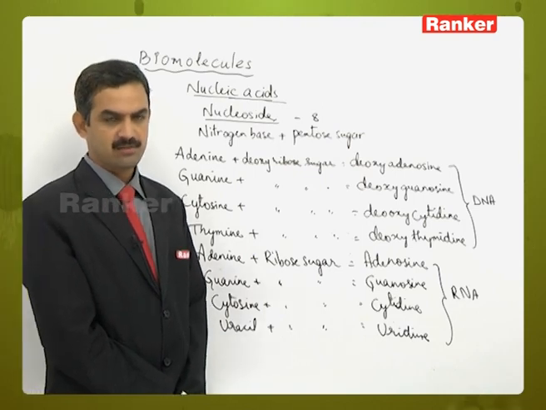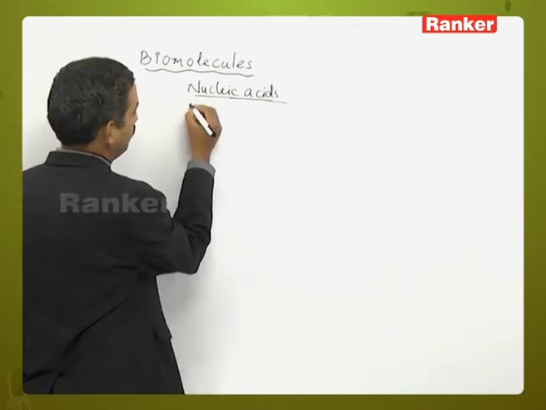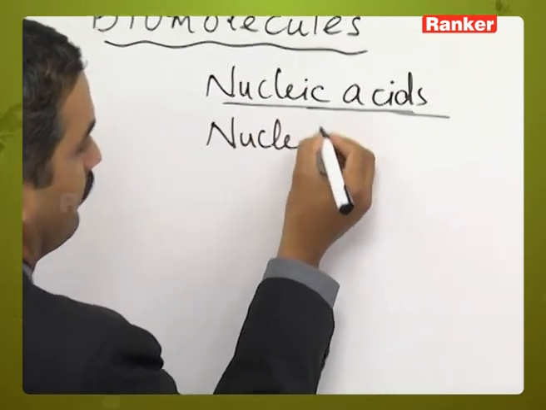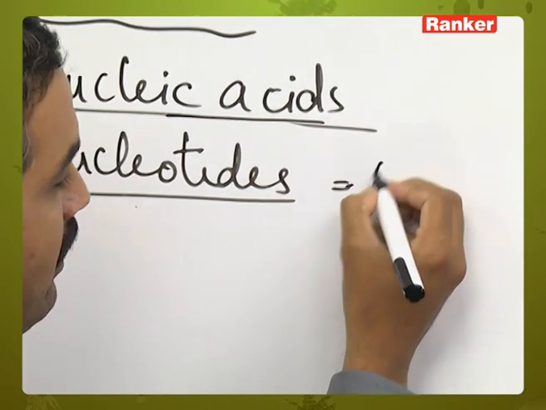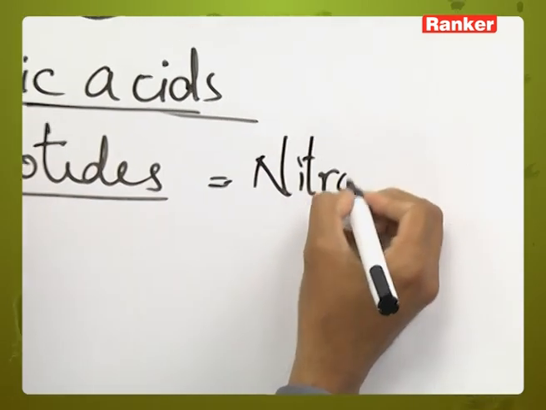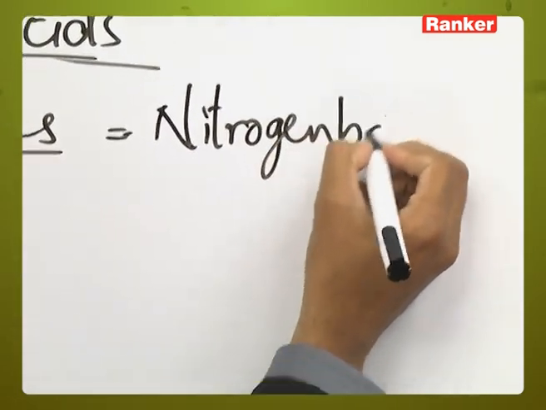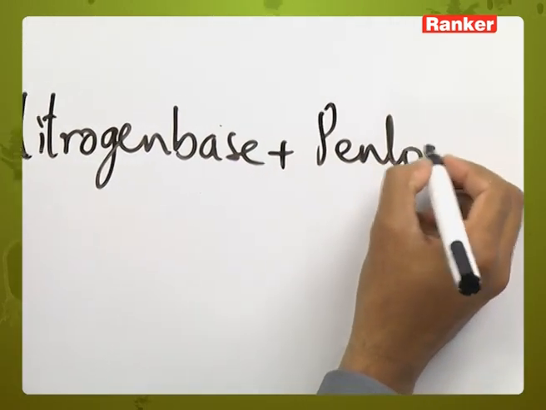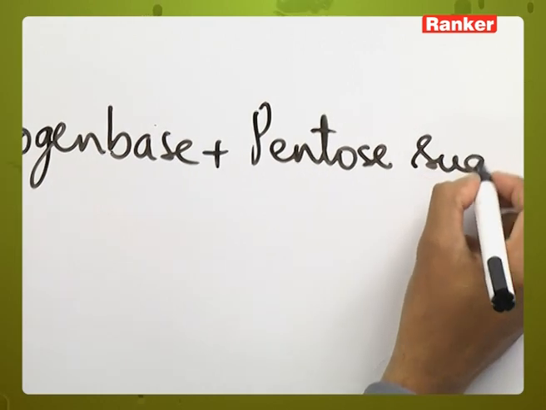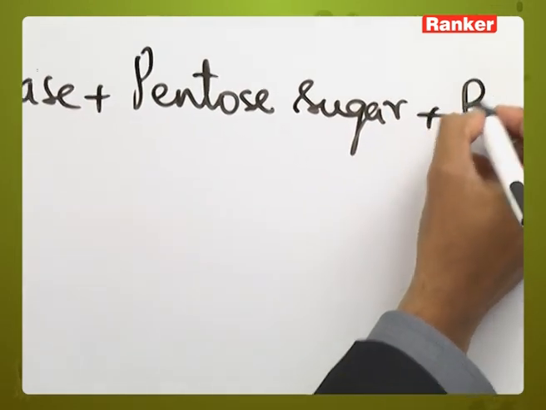Then next are nucleotides. Nucleotide, as we said, is one nitrogen base plus one pentose sugar and one phosphate group.